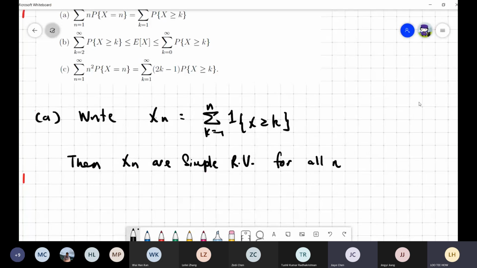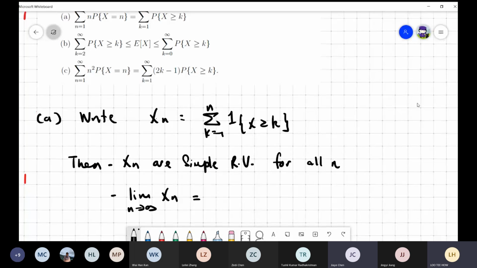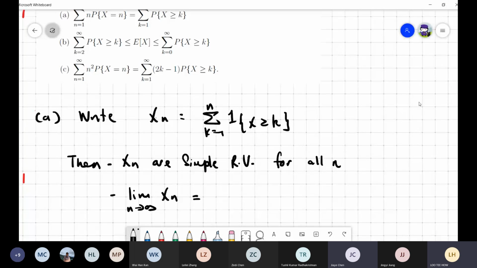Also, the limit of xn as n goes to infinity will be equal to x. This is because when you take n to infinity, this just becomes the summation from k equals 1 to infinity of this.